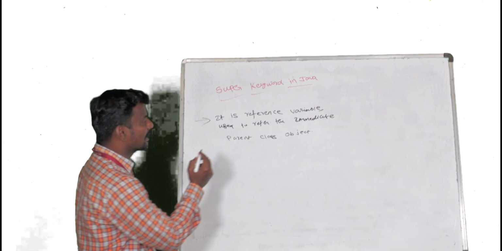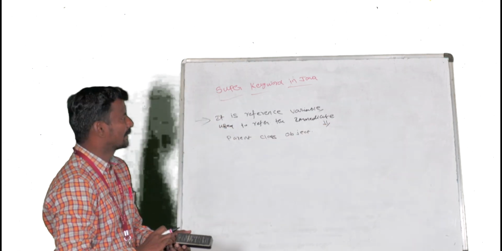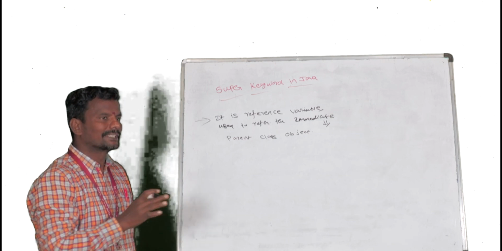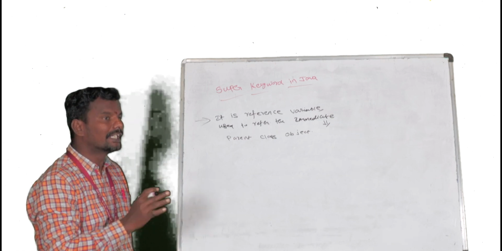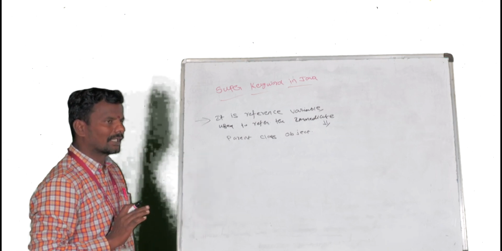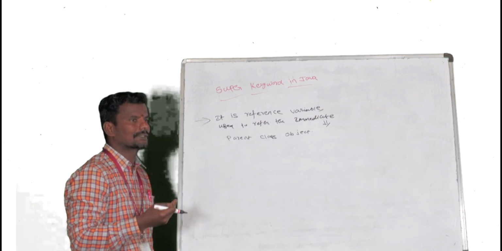Okay. So what is the meaning of immediate parent class object? Suppose we are using a parent and child relationship. We use those relationships in terms of the inheritance concept only. You already know the concept in inheritance: we derive a new class from the base class.